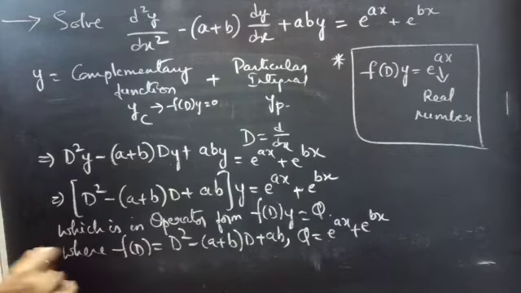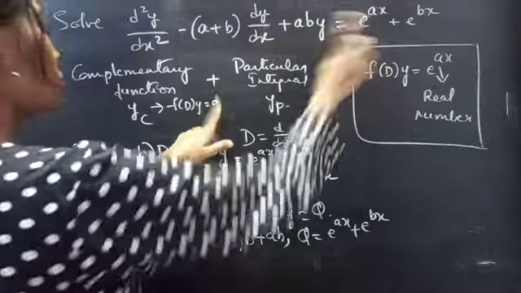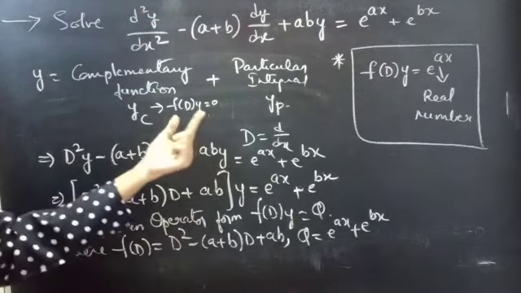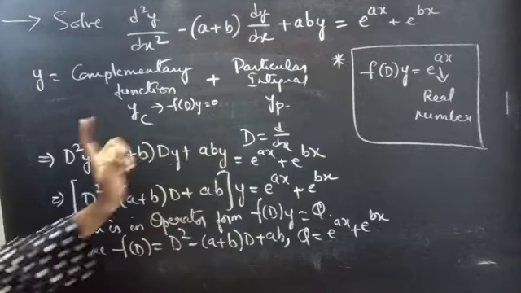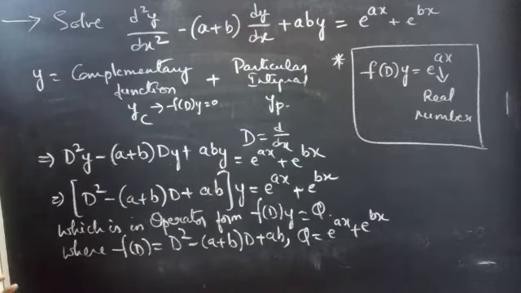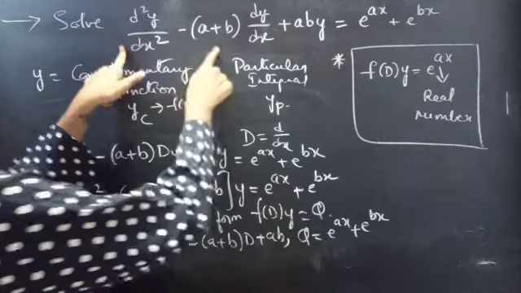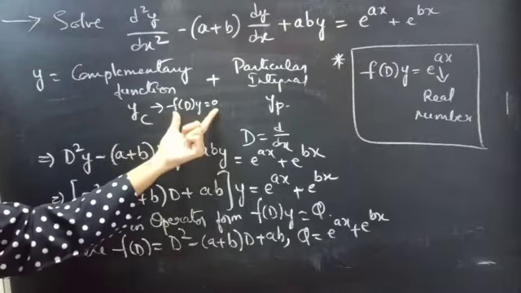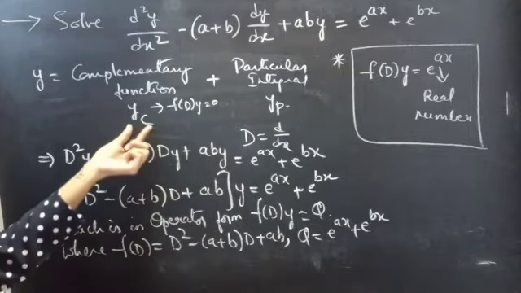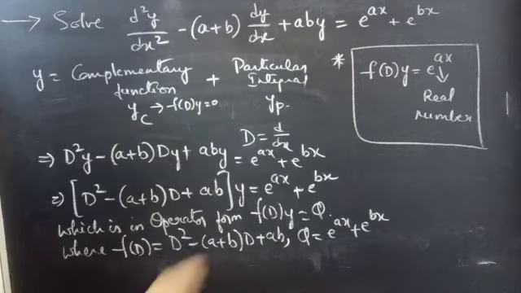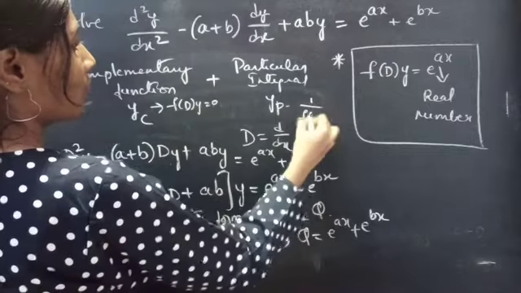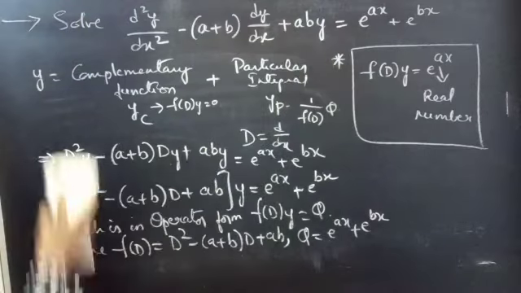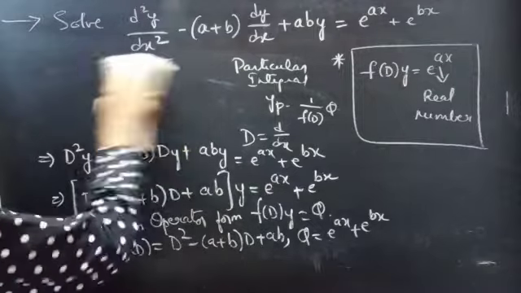We'll just make Q equal to 0, then you'll get f of D into y equals 0. From this homogeneous equation of the given non-homogeneous equation, you'll get yc using the auxiliary equation, and we'll get yp using 1 by f of D into Q. So let's see. Firstly, we'll find yc.